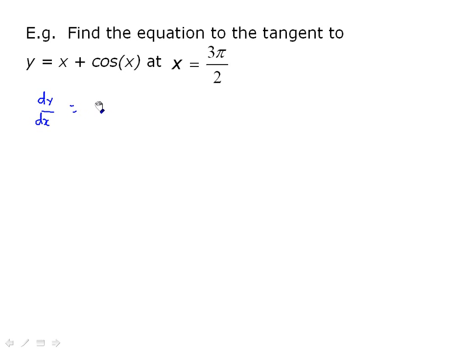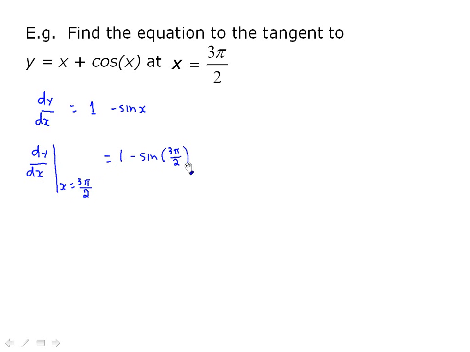We do not have a y value. So dy/dx, the derivative of x is 1, and then the derivative of cos x is minus sine x. And if we can get dy/dx using this notation, Leibniz notation, at x is equal to 3 pi over 2, and we substitute in the value, we get 1 minus the sine of 3 pi over 2.